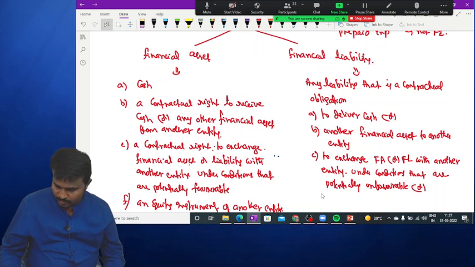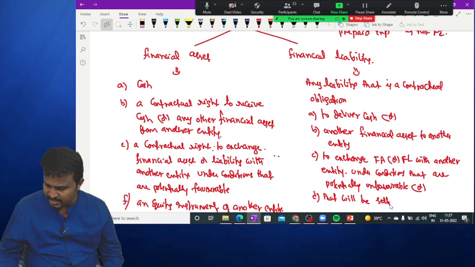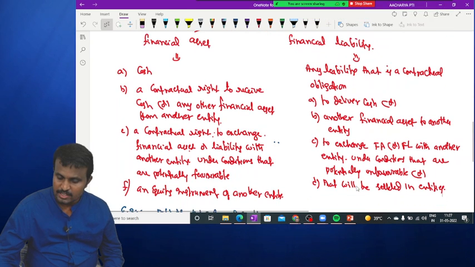And the last one is that it will be settled in the entity's own equity instrument.